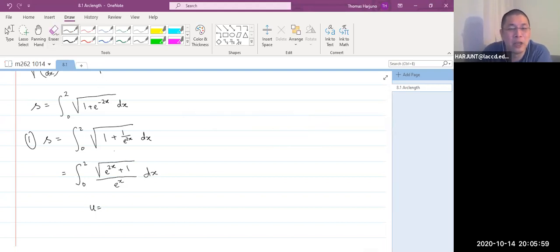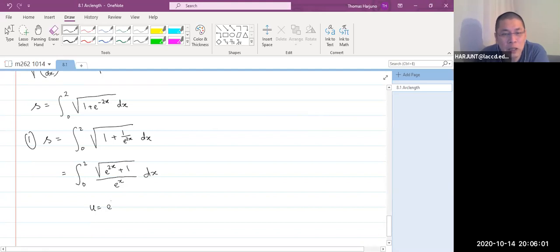Okay. Well, anyway, if u is my e to the x, then my du will be e to the x dx. I wonder how much it will help. So u at 0 is 1, u at 2 will be e squared.